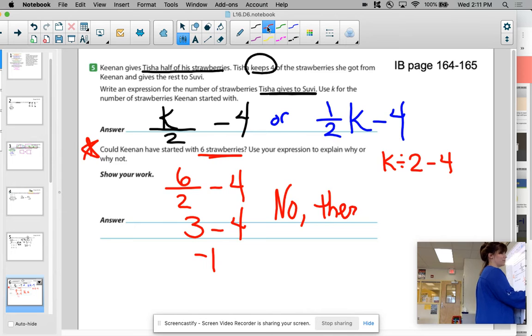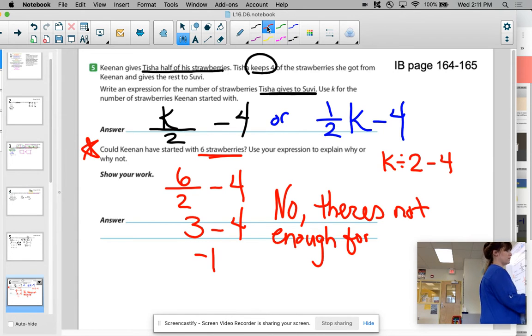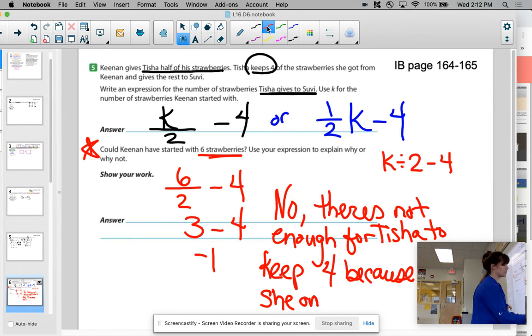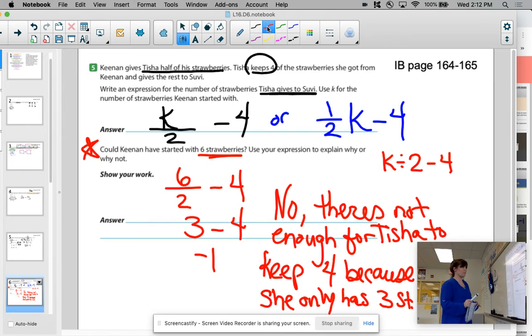There's not enough for Tisha to keep 4 because she only has 3 strawberries. I'm just going to put ST for right now because I ran out of room. But that's the idea. Understanding that, hey, we need more than 6 in order for this to work.